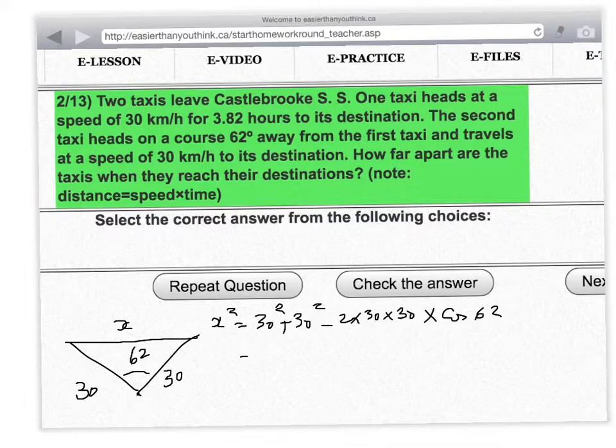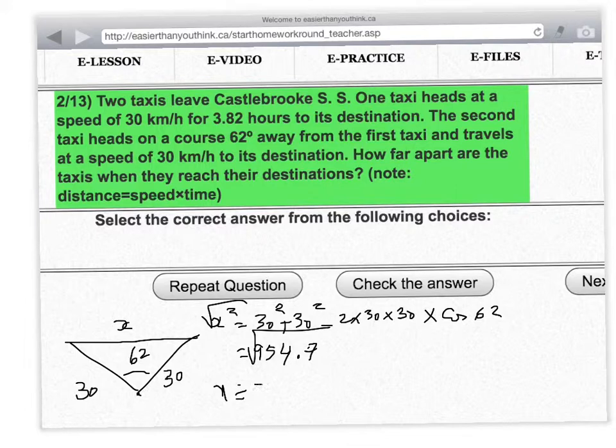Can somebody tell me what is 30 squared plus 30 squared minus and so forth? Did anybody get that one? Okay, now to find x, I'm going to take the square root of both sides. So I'm going to get x is approximately how much?